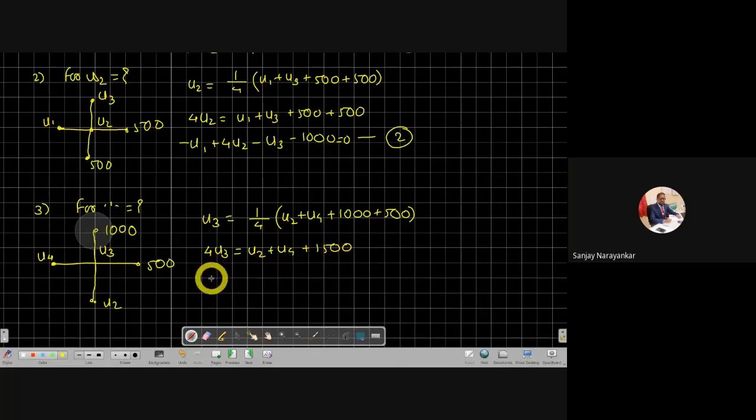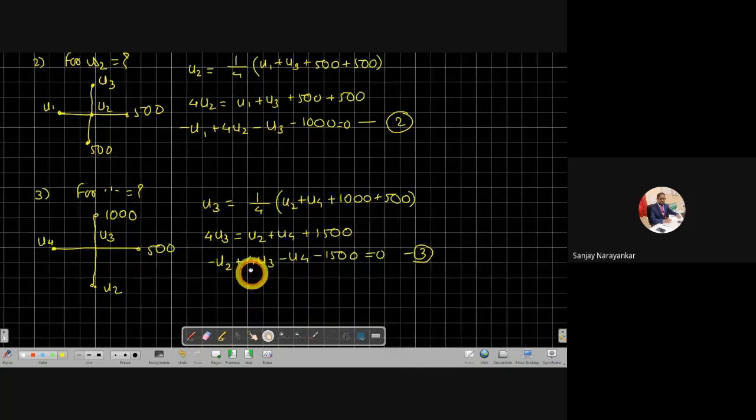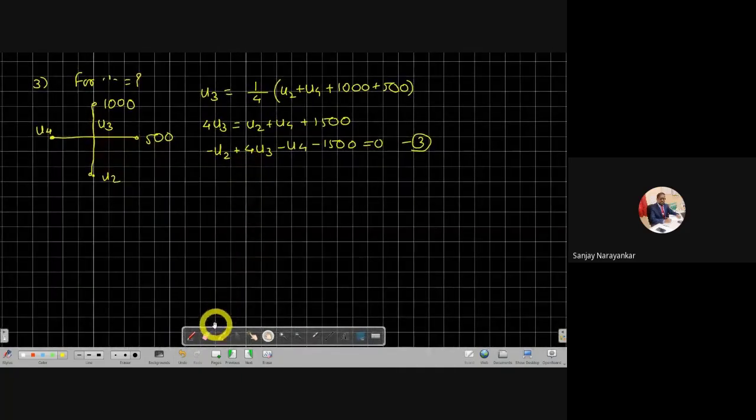Now simplifying this equation, taking all these terms to the other side: minus u2 plus 4u3 minus u4 minus 1500 is equal to 0. So this is equation number 3. Similarly, we write the equation for u4. The fourth is for u4.